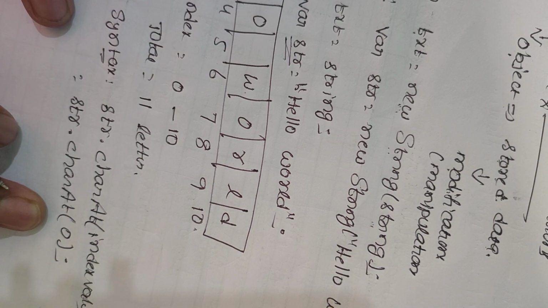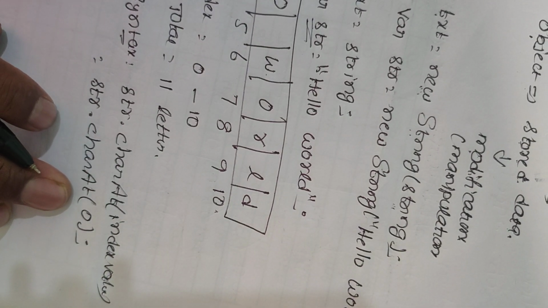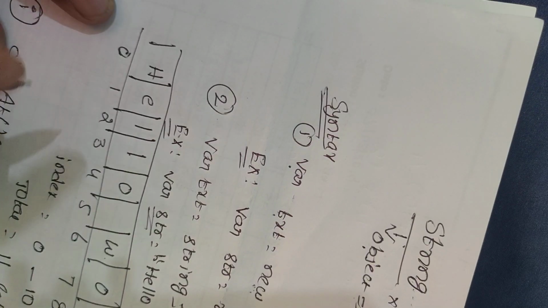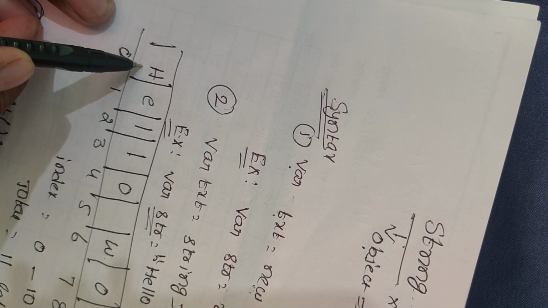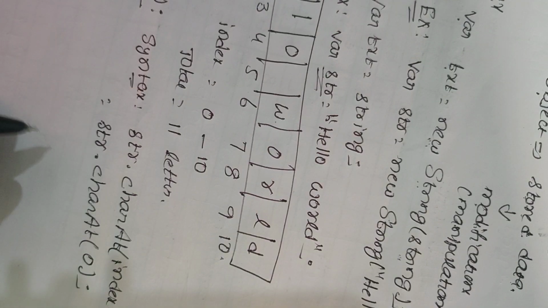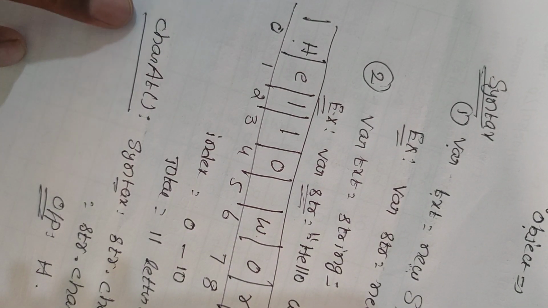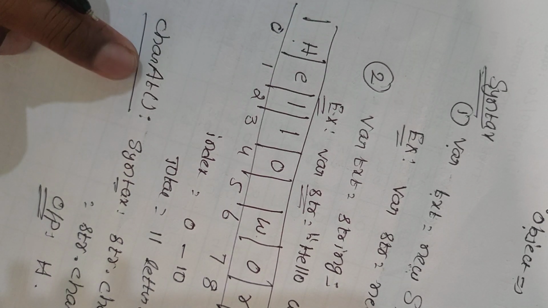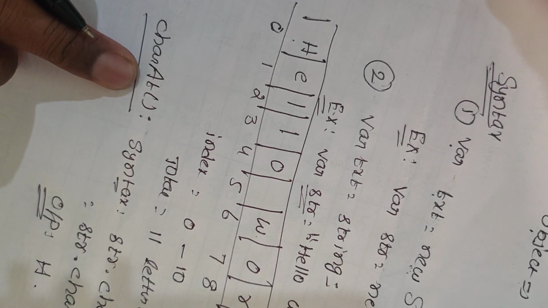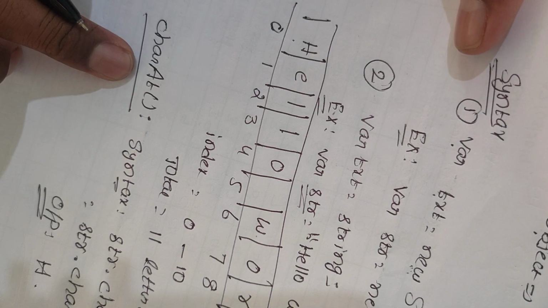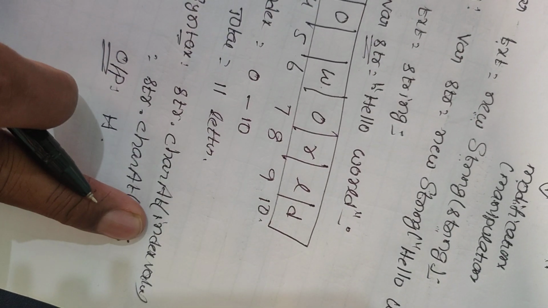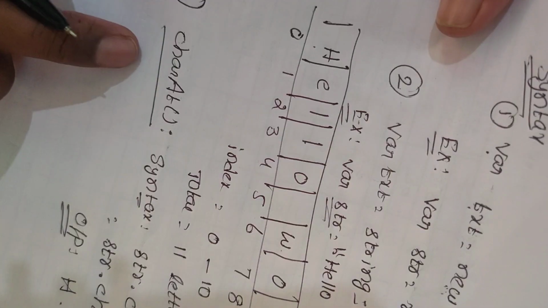Here 0 is the index value. So what is the 0th character? H, a capital H. So what is the output? The output is H. This is a simple character. This function gives the letter at the particular index position. This is a simple function.